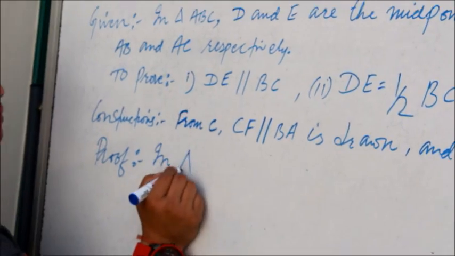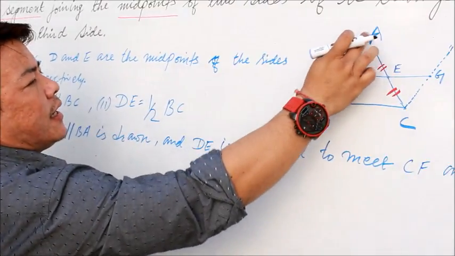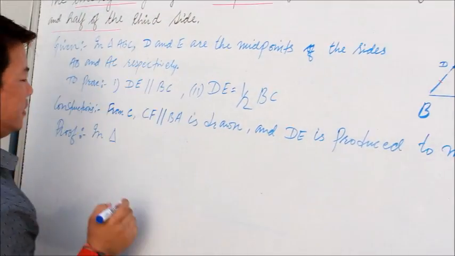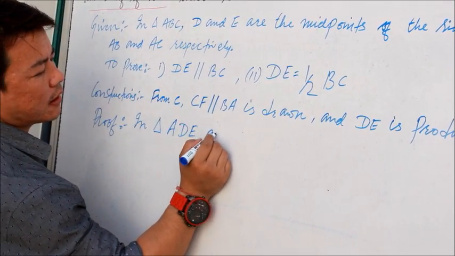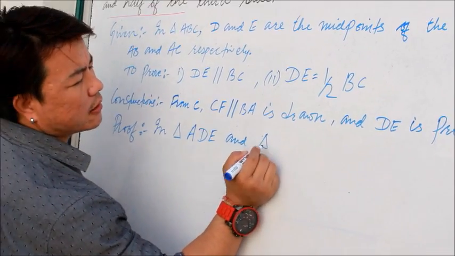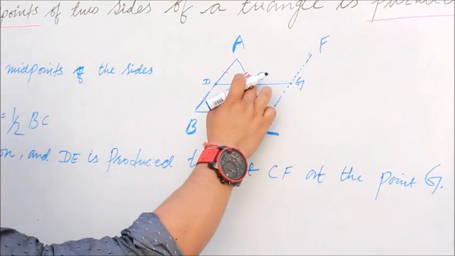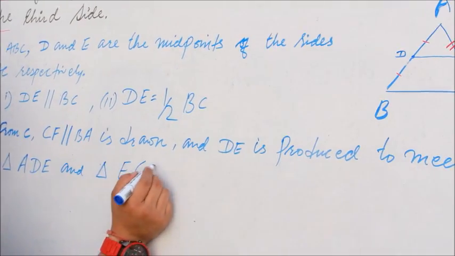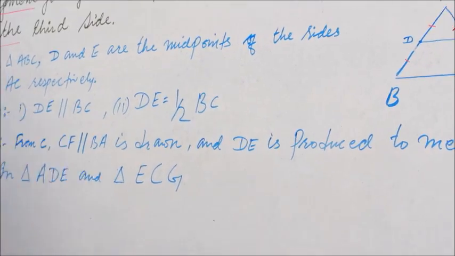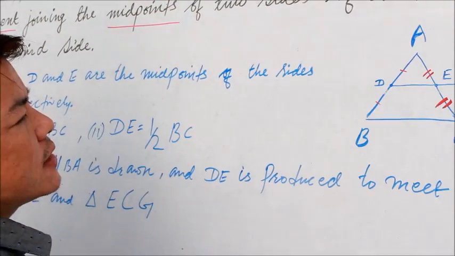In triangle ADE and triangle ECG, now we have to prove these two triangles as congruent.